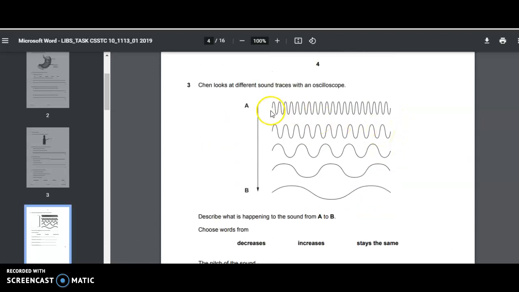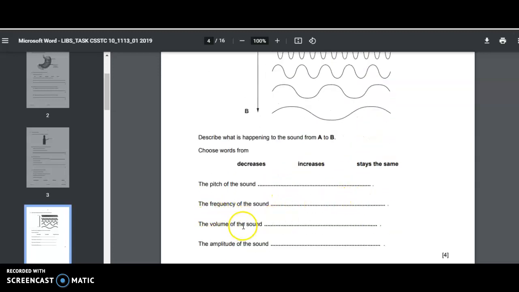If you were to basically draw a line in the middle of all of these, you would most likely see, even though it's quite probably hard in this diagram, that the space from the baseline up is rather similar, even though they're stretched out. So that means that the volume is going to stay the same.